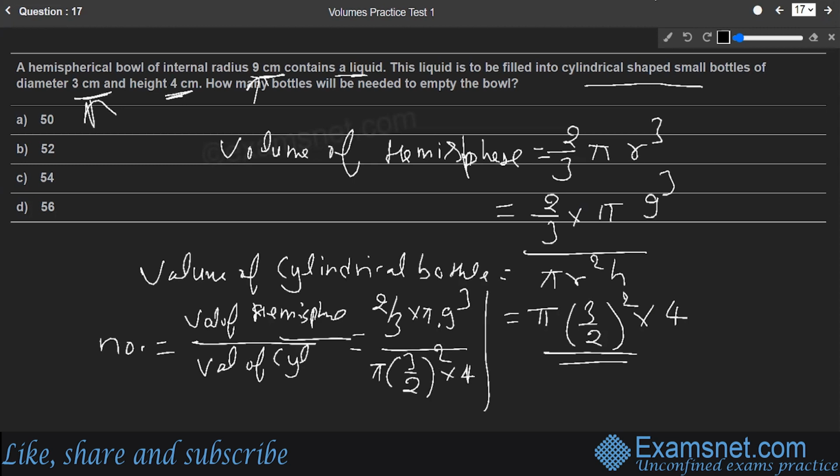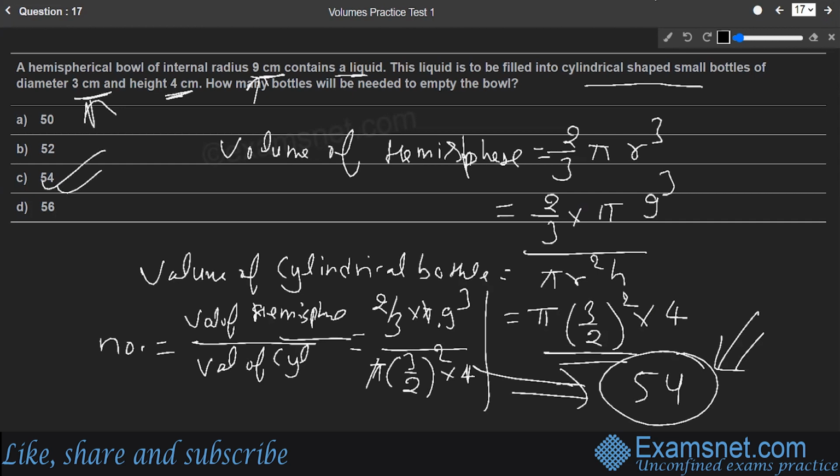If you solve this further, a few things get cut, pi and pi get cancelled. Ultimately, this ratio is coming out to be 54. So that many bottles will be required. 54 is the right answer.